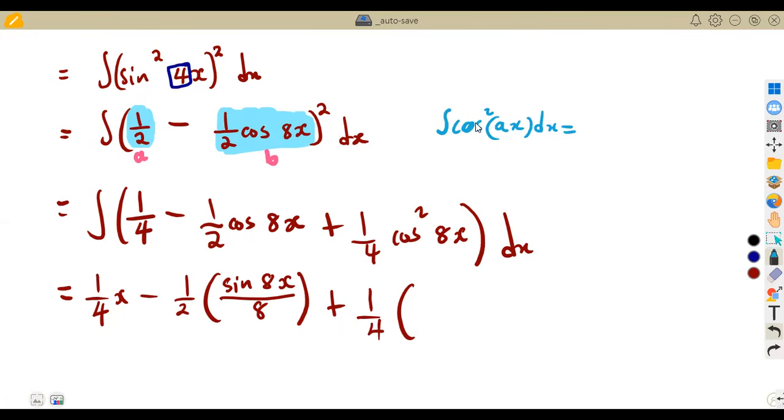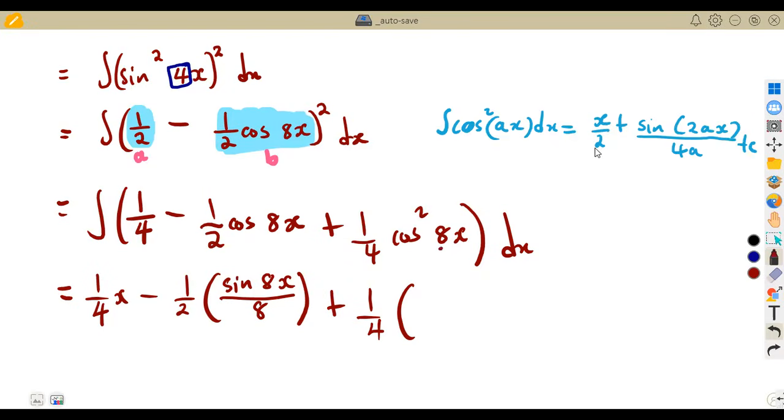Whenever you're given an integral of this nature, use the formula sheet. On your formula sheet it is given as x over 2 plus, make sure you are with me on your page 3, sine 2ax, everything over 4a plus c. This is our formula. With this formula, it's going to be easier for us because it's just substituting. Our a is 8.